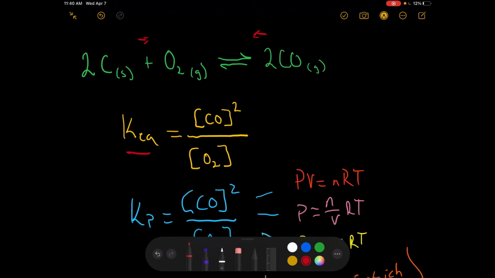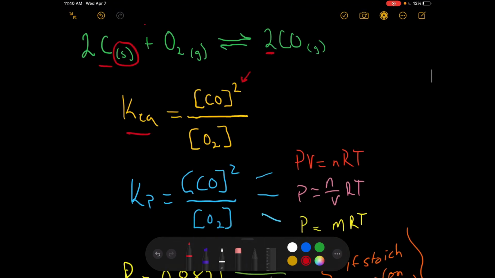When we write this KEQ expression, why did I not put carbon in? Because it is a solid. Therefore, the only things in my KEQ expression are carbon monoxide, with the 2 as the exponent because it is the coefficient, and O2, which has no exponent.